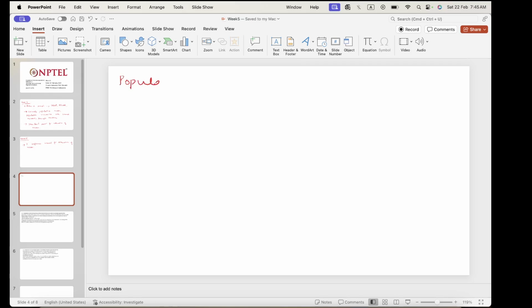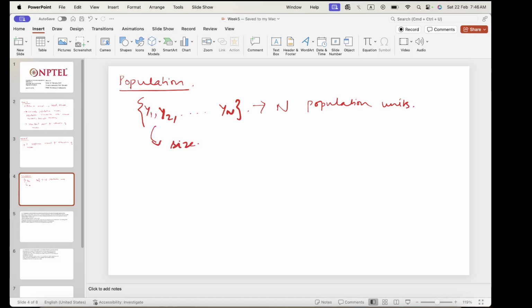So if we had a population denoted by y1, y2, up to y capital N, so if these were capital N population units, and from here we draw a sample of size n, then y1, y2, up to yn are my observations.